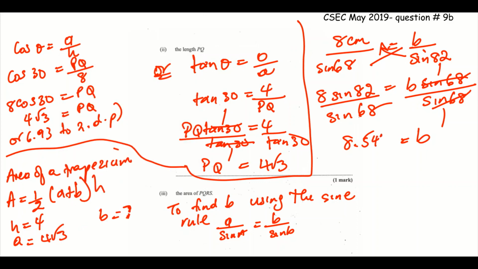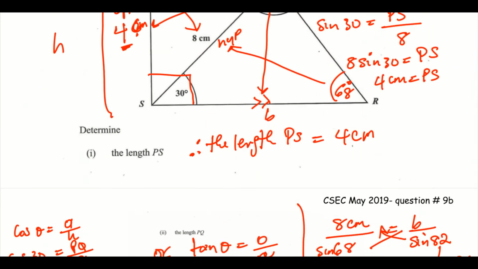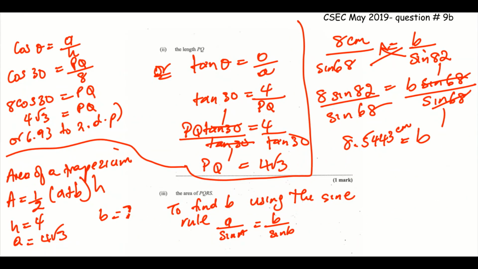Let's use as much of the digits that we can use, and this would be centimeters. Is it centimeters? Yeah, centimeters. Good. Now let's plug it in to find the area of the trapezium.